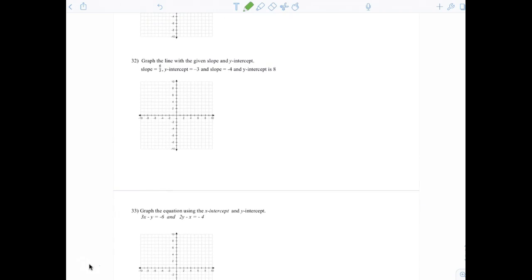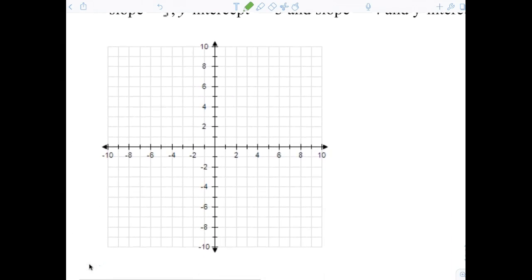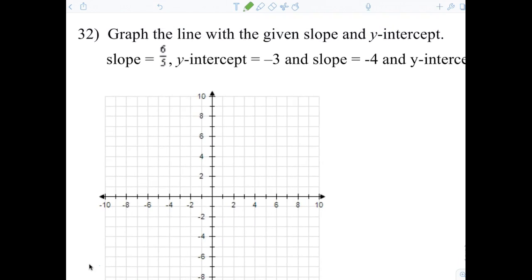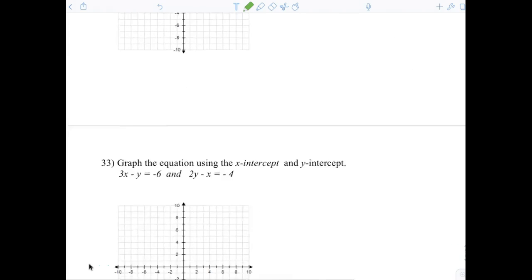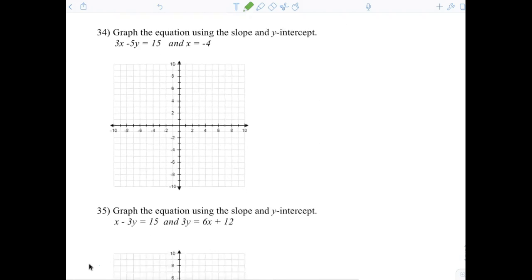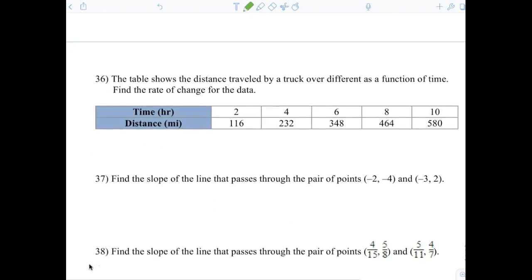Instead of writing an equation, they just tell you what the y-intercept is, so you would start at -3 and go 6 to the right. Don't be confused just because it's worded a little bit differently. I think you have done a fantastic job.